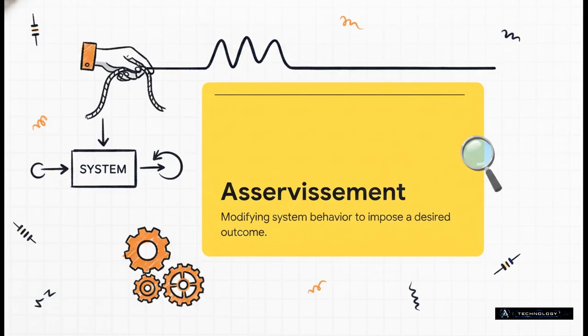Sounds intense, right? But really, it's just the action of modifying a system's behavior to impose a specific desired outcome. And honestly, this is the ultimate goal of the entire field. We basically want to feed a command, an input, into a system, and just totally force the output to follow that command reliably, no matter what kind of crazy external perturbations or disturbances are trying to knock it off course.